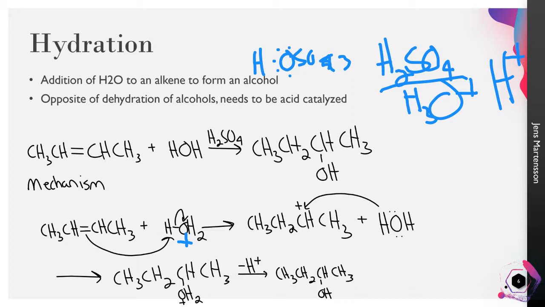Remember how I was just writing it as minus H+, as an anion and not a proton? That just means that we're losing that hydrogen. So we use acid as a catalyst, so we have to reform our acid, okay? And the only part of the acid we used was the proton H+, so we have to reform that, okay?